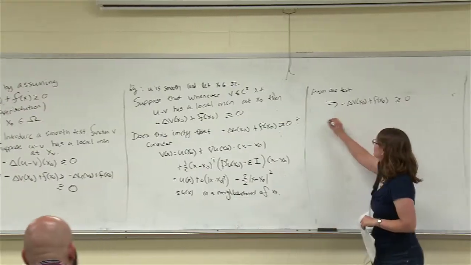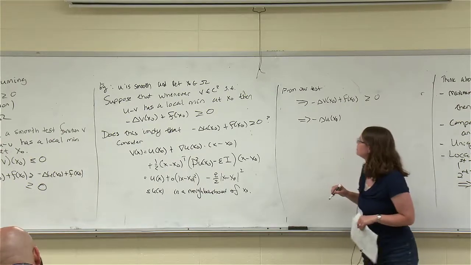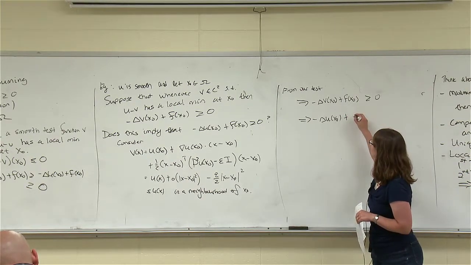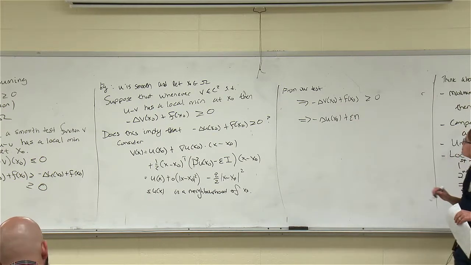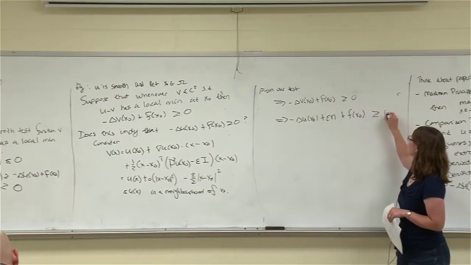So what am I going to have? I'm going to have minus the Laplacian of u, plus epsilon times the trace of the identity, that's n, plus f of x naught is greater than or equal to 0.